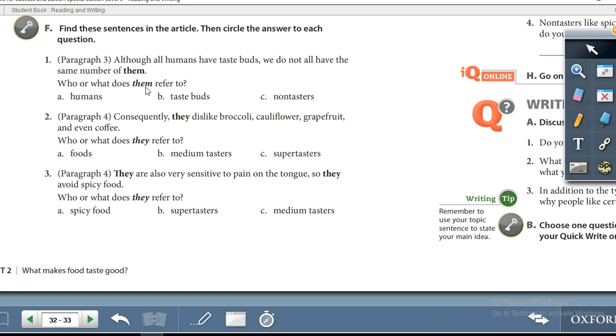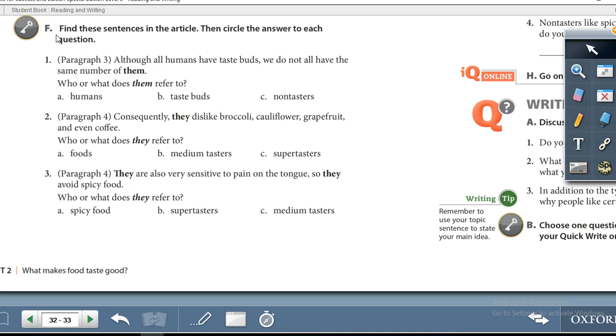Who or what does them refer to? The answer we said was B, taste buds. In this particular sentence, we are talking about taste buds. So for the correct answer, I will take my pen or pencil and put a circle around taste buds.